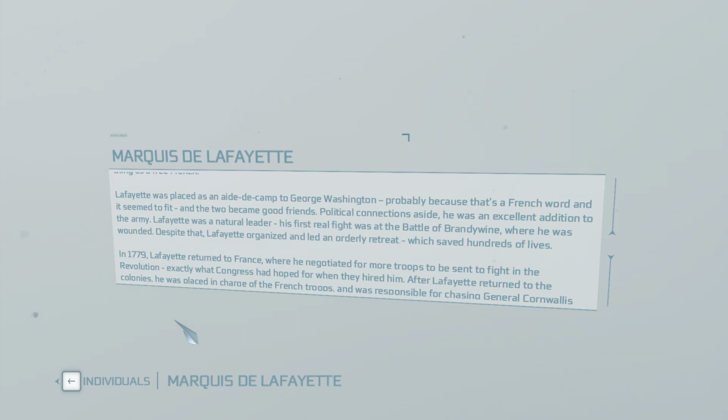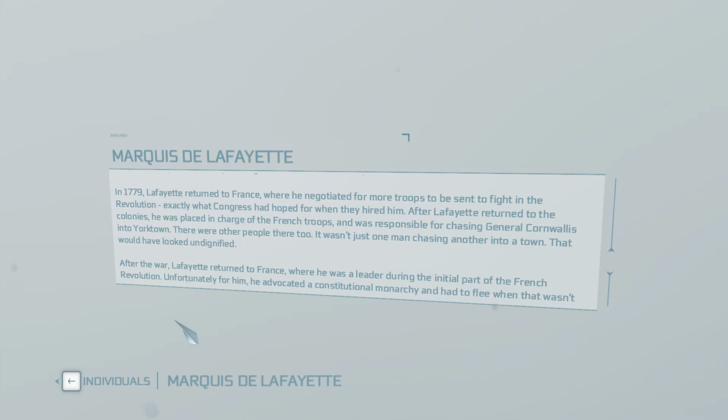After Lafayette returned to the colonies, he was placed in charge of the French troops and was responsible for chasing General Cornwallis into Yorktown. There were other people there too. It wasn't just one man chasing another into a town. That would have looked undignified.